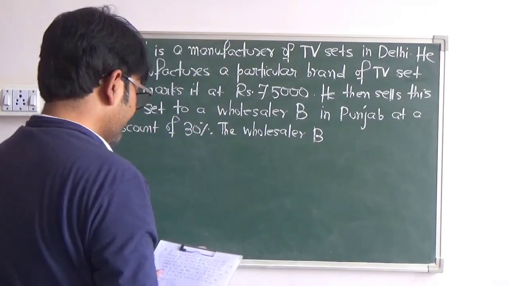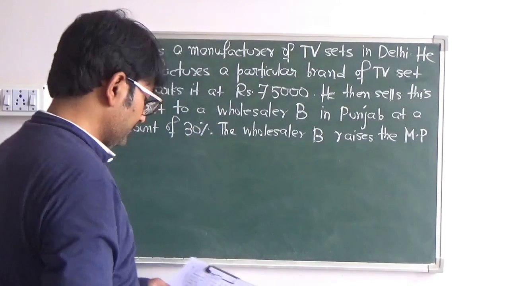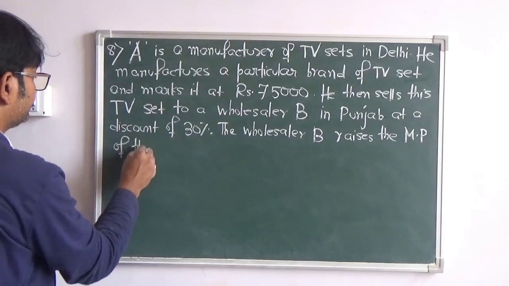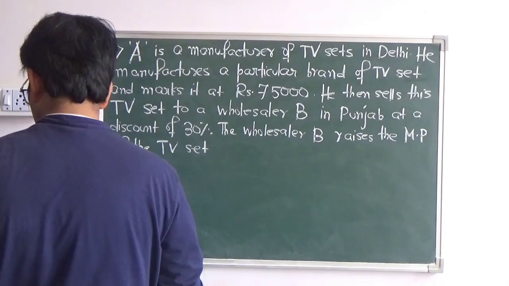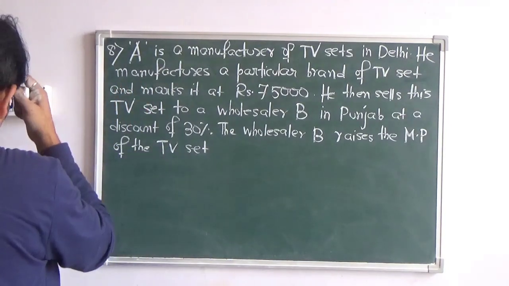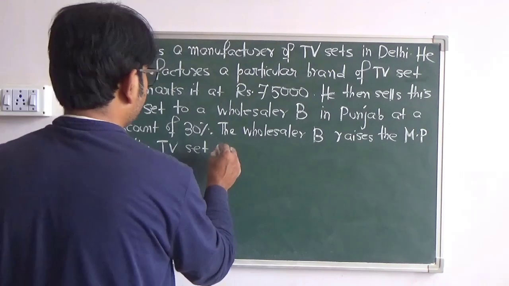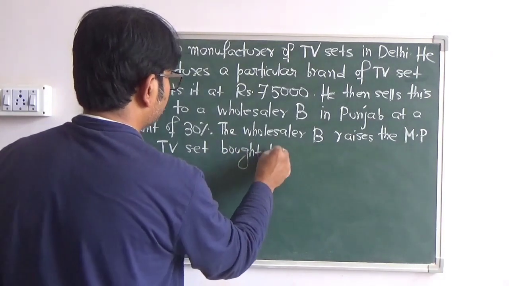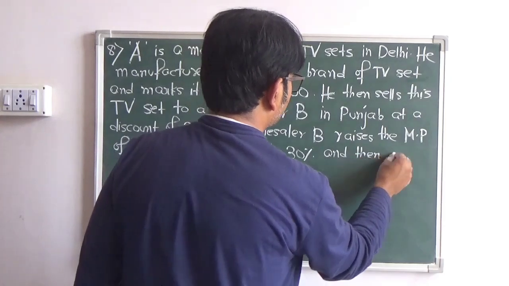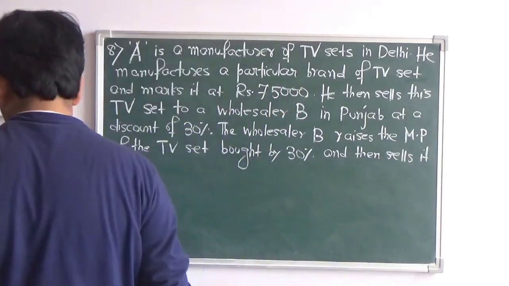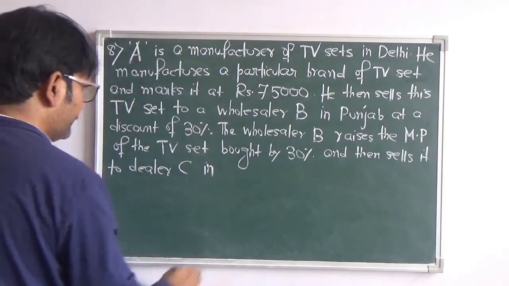The wholesaler B raises the mark price of the TV set bought by 30%, and then sells it to dealer C in Delhi.